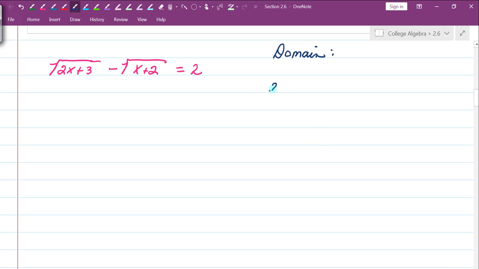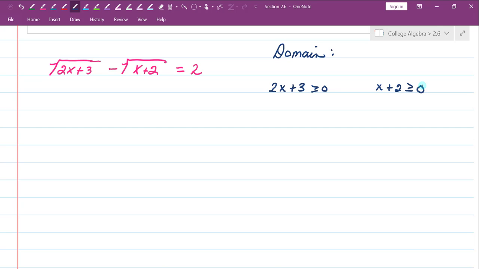We have that 2x plus 3 must be greater than or equal to 0, and x plus 2 must be greater than or equal to 0. Both of those items must be true in order for our function to work properly. If we put in a number that does not qualify and keep both of those restrictions true, then we have broken our function and broken the rules.